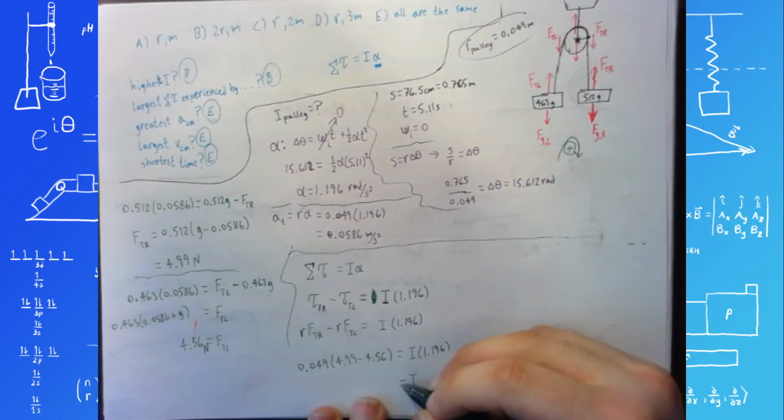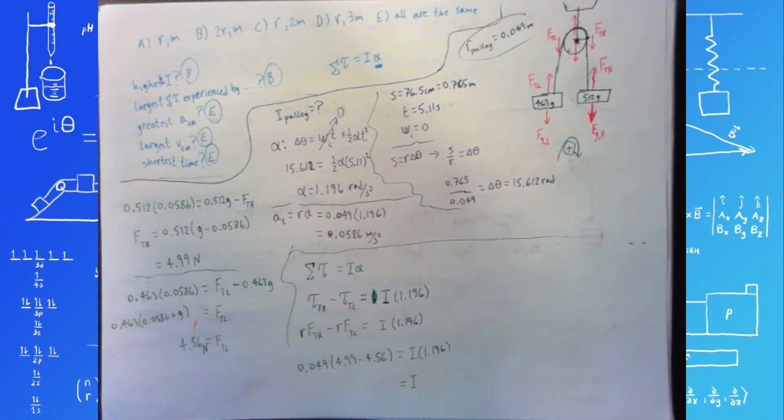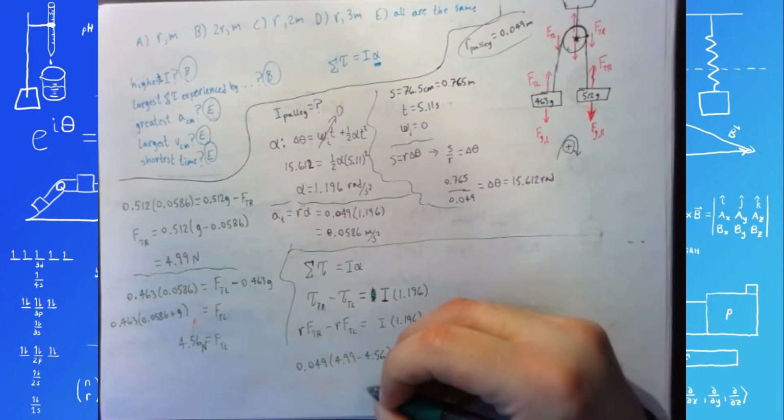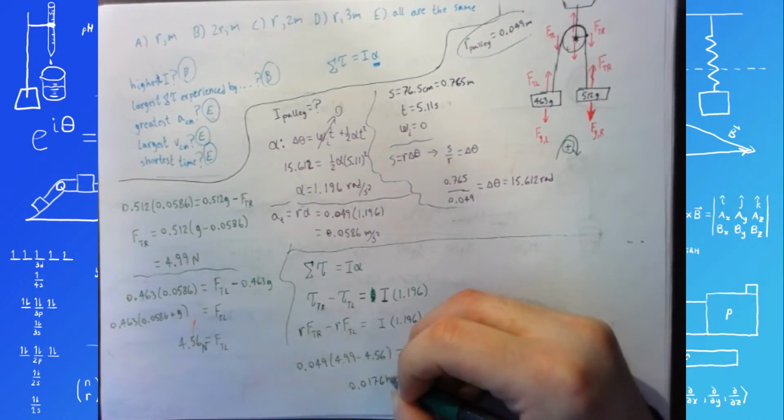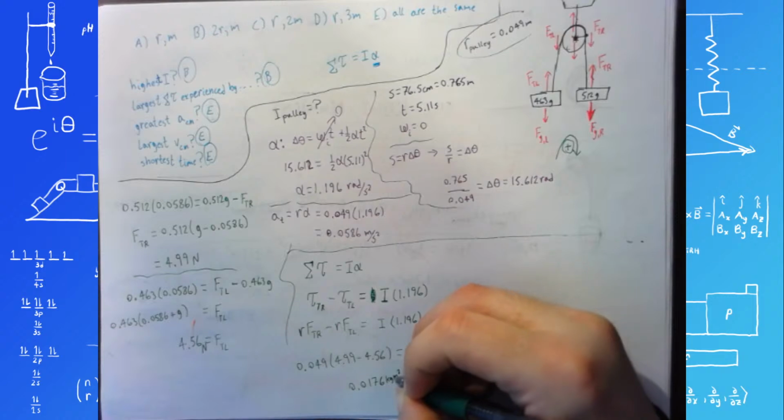So the moment of inertia is 0.049 times, the difference between those is 0.43, so times 0.43, and then divided by 1.196. And I'm getting 0.0176. 0.0176 kilogram meters squared.